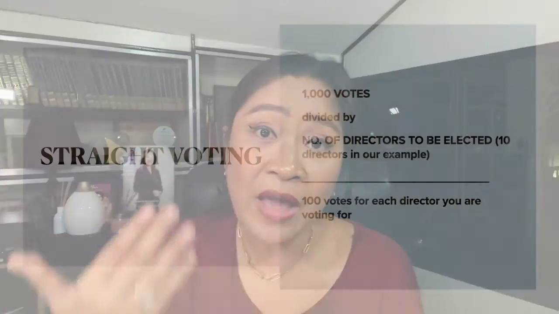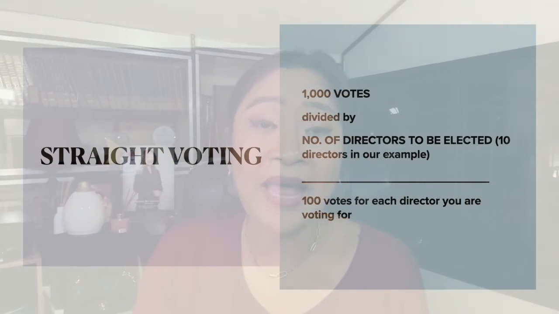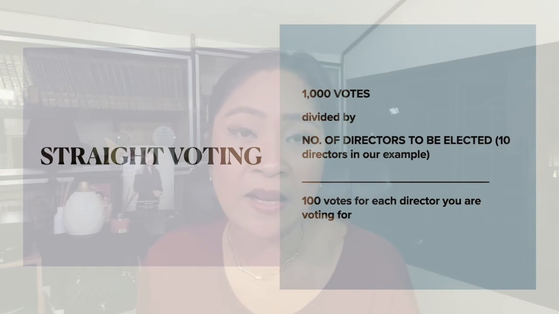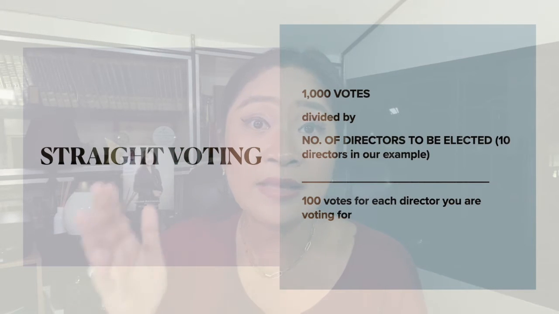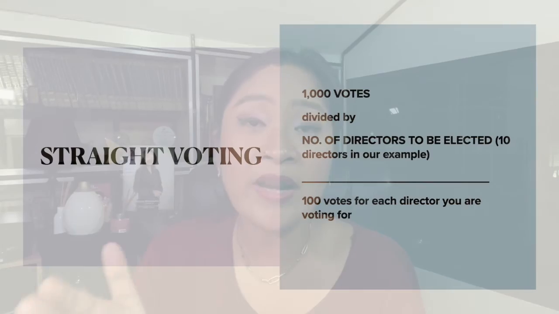So 1,000 votes divided by 10 directors that you are choosing to elect out of the 15. So each of the 10 that you have chosen will get 100 votes each. How about cumulative voting in favor of one candidate? Again, we go back to computing how many votes you're entitled to cast.